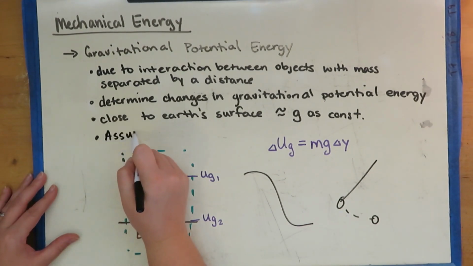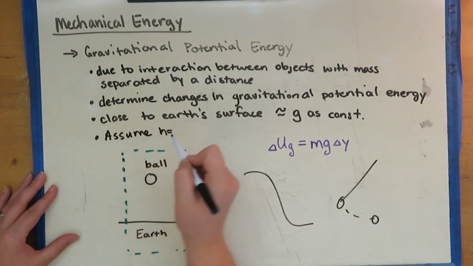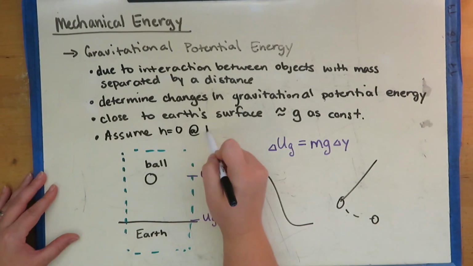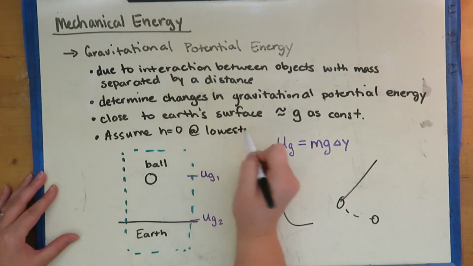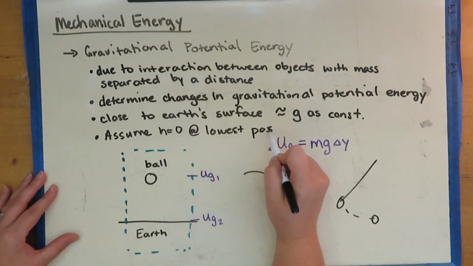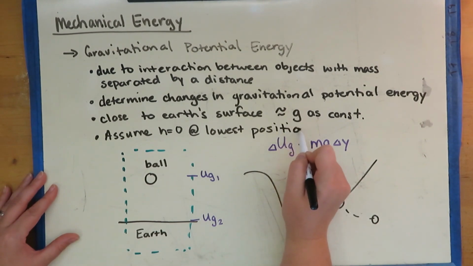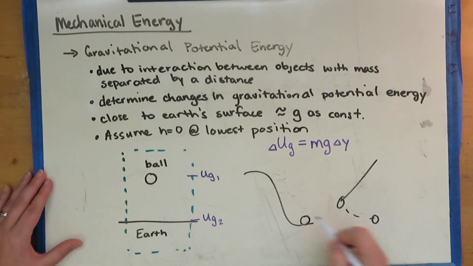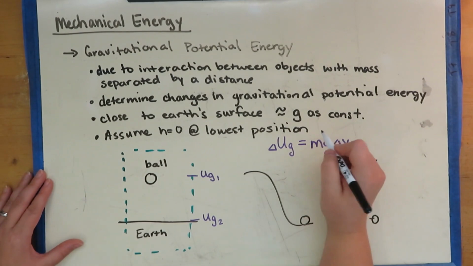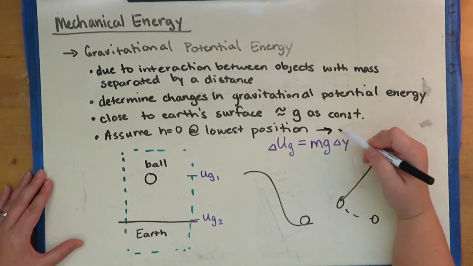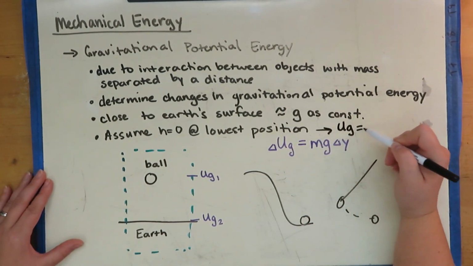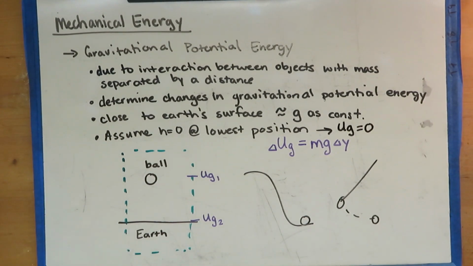So we're going to assume h equals 0 at the lowest position. Because that's the lowest we go, we don't have any potential to fall once we get there, so we can define our gravitational potential energy to be 0 at that lowest position where we set the height equal to 0.